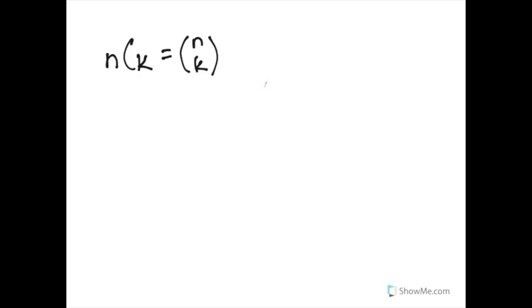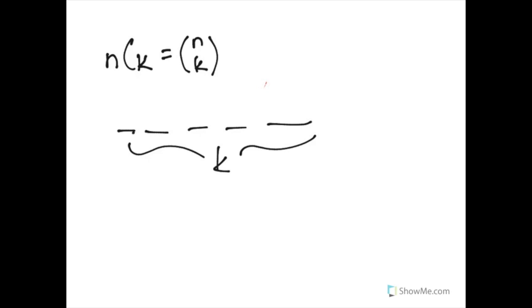Now, we can think it through as such. If we want to choose k objects, let's just choose them one at a time. The order doesn't matter here. So let's look at the first object first.